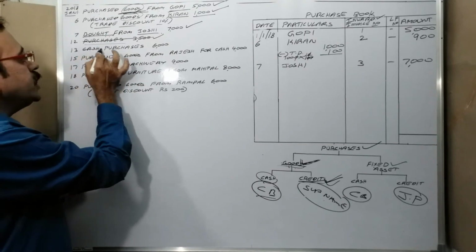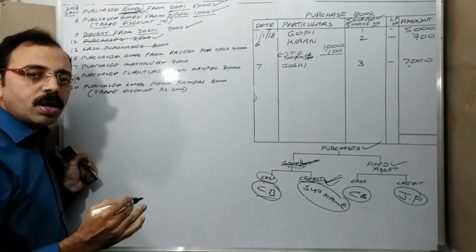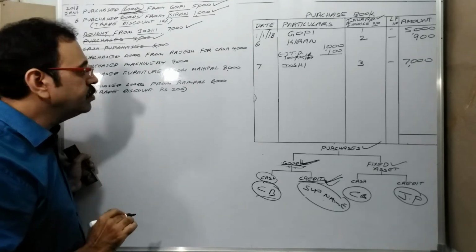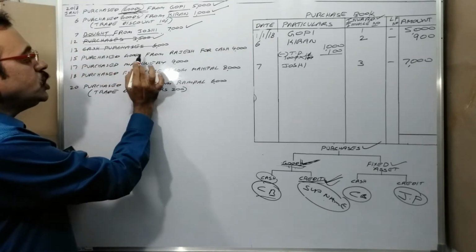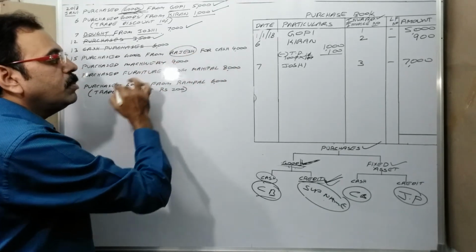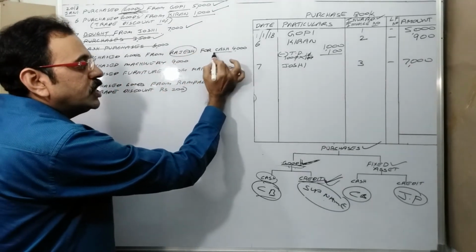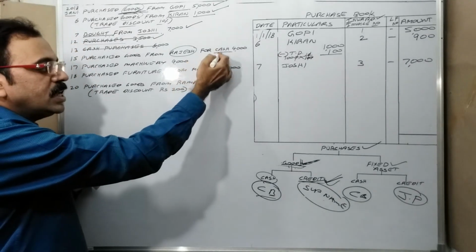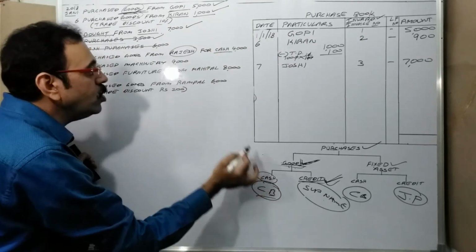Ignore this transaction. Then the next one is also the same. It clearly gives cash purchases. Goods are purchased for cash. We should not record that. Then next one, purchased goods from Rajesh for cash. Even though the supplier's name is given, it clearly mentions that we bought for cash. Since it is a cash transaction, it goes in the cash book.